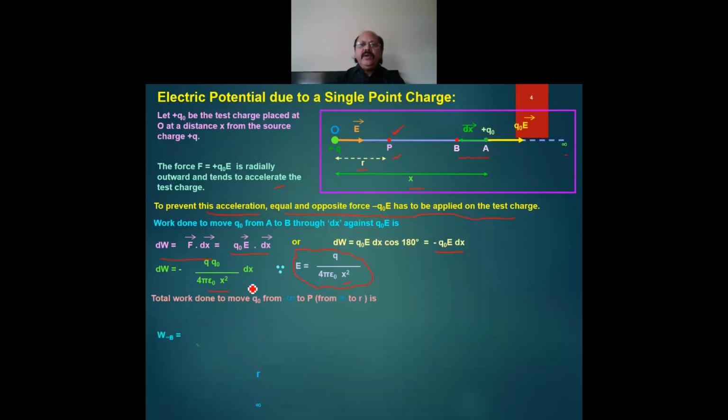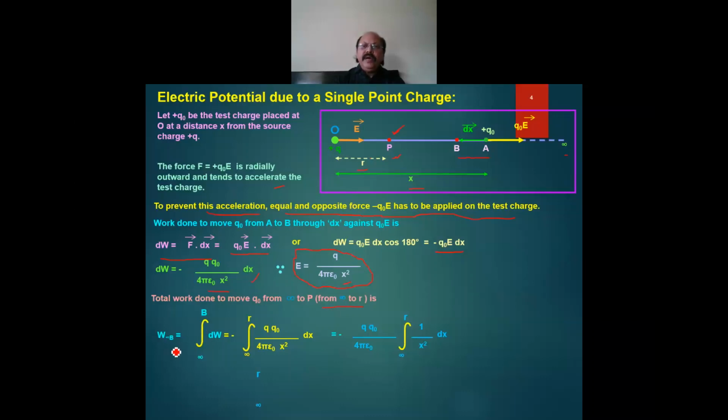Now we calculate the total work done for bringing test charge q naught from infinity to the point P, that is from infinity to small r. P point is at small r distance from plus Q charge. Then we integrate it.